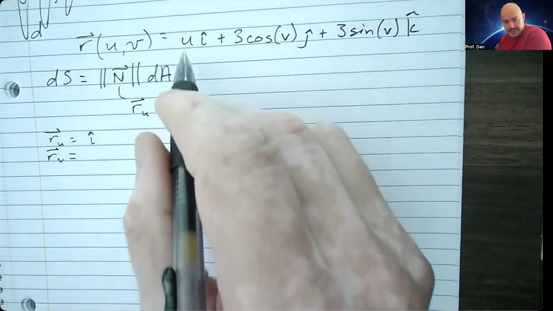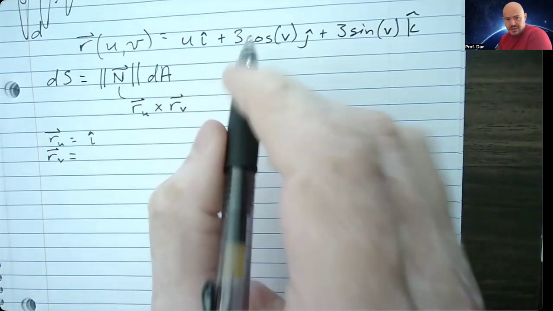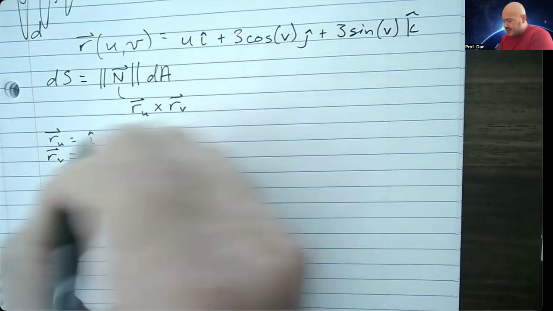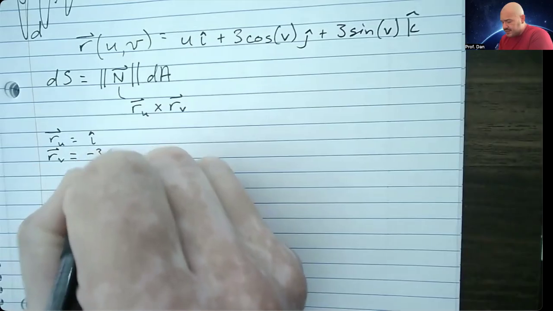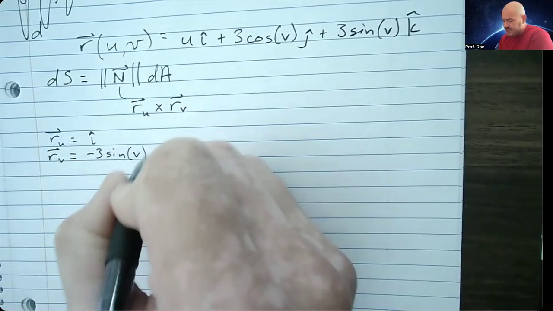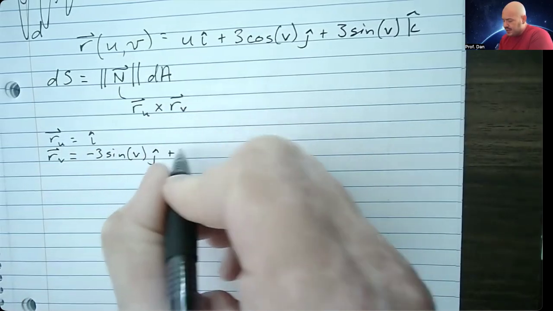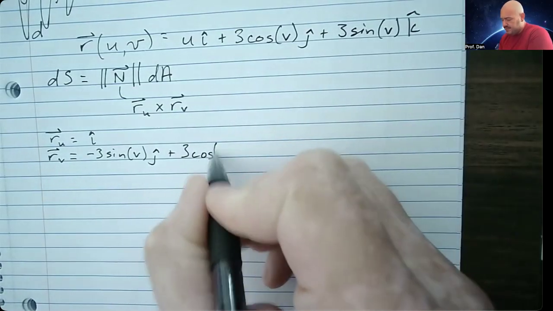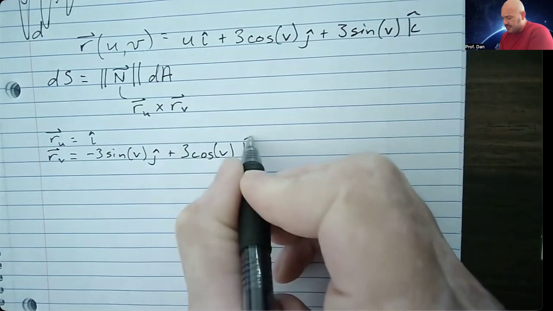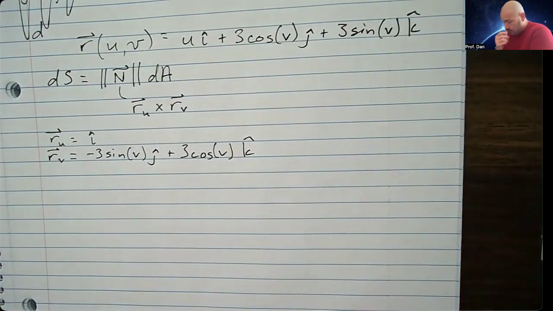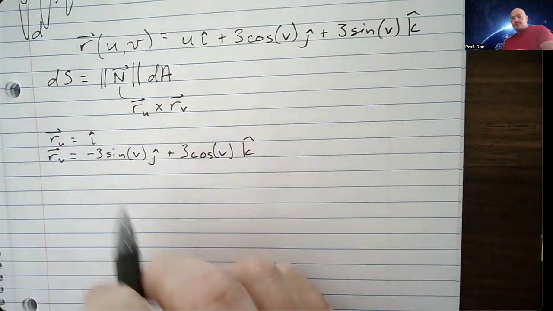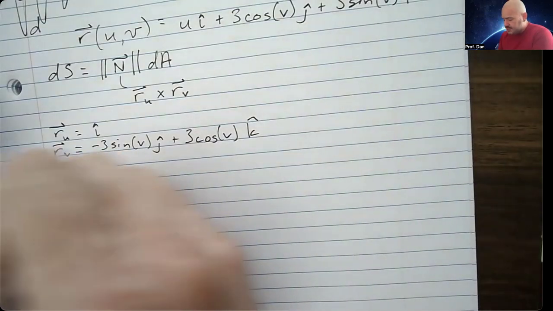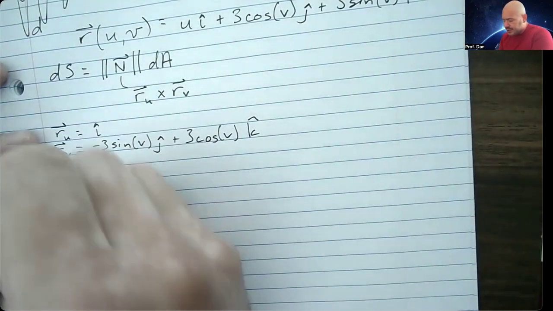There's no v in this component at all. But for the other two, I'm going to get -3 sine of v for my j component and +3 cosine of v for my k component. All right, and now that I have these partial derivatives, I can determine my cross product.